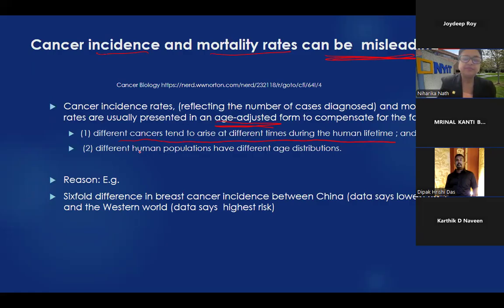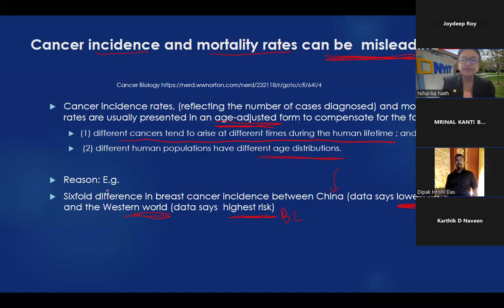Because of this different age distribution, it is adjusted, and so that might not reflect the actual number of cases. So, for example, how is it that China has the lowest risk of breast cancer, according to the data, six times less, and the Western world has the highest risk of breast cancer?